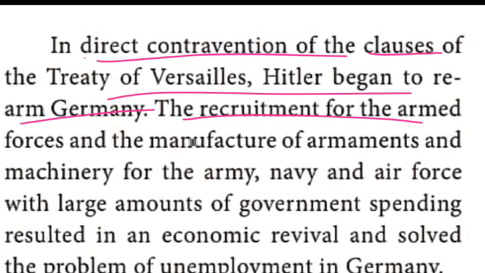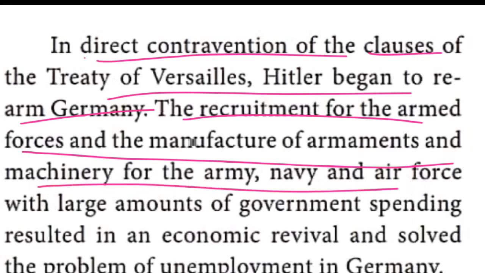Recruitment, that is, a number of soldiers were appointed in the armed forces, and armaments were manufactured, that is, weapons and machinery for the army, navy and air force, with large amounts of government spending.